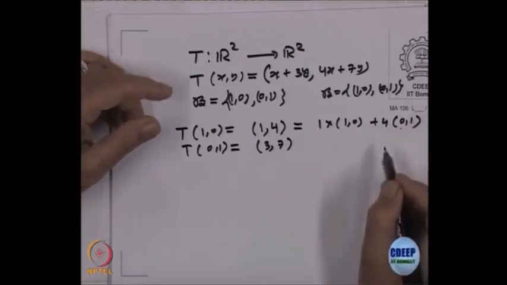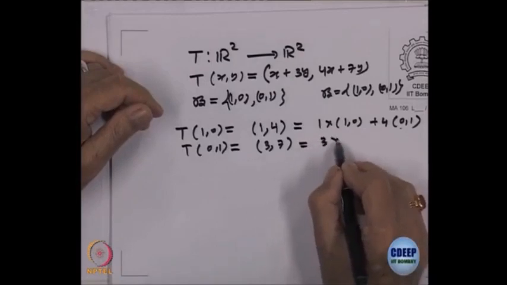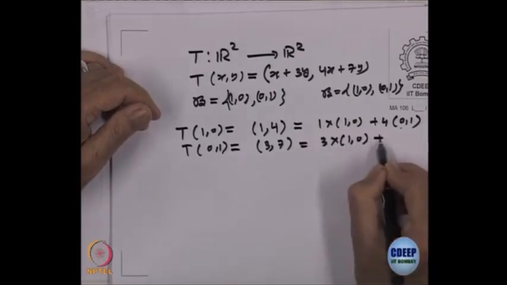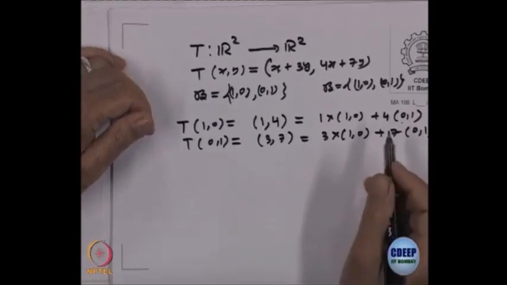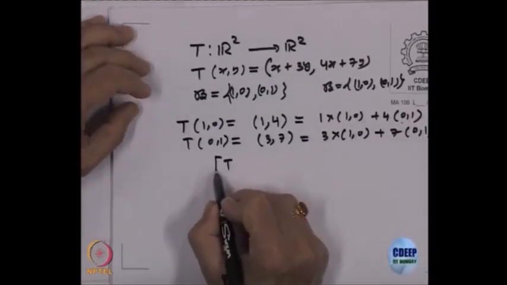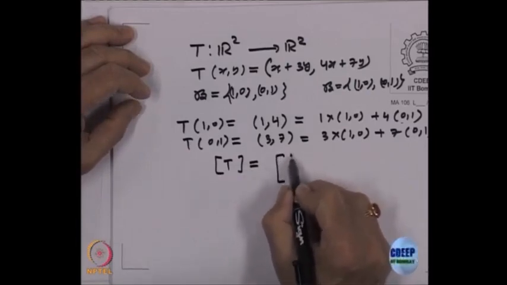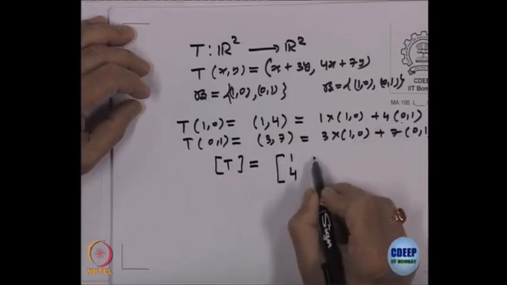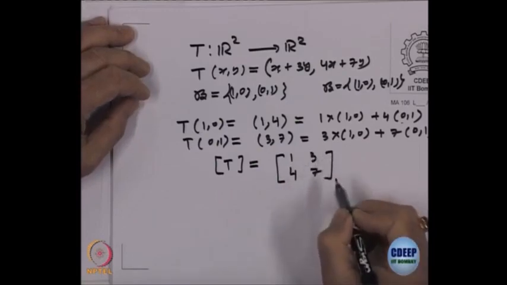Here it is easy. Similarly, this is equal to 3 times (1, 0) plus 7 times (0, 1). So, what is the matrix of T? Matrix of T is 1 4 and 3 7, right.